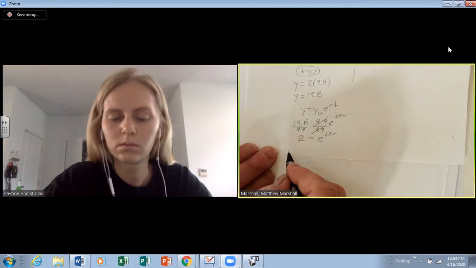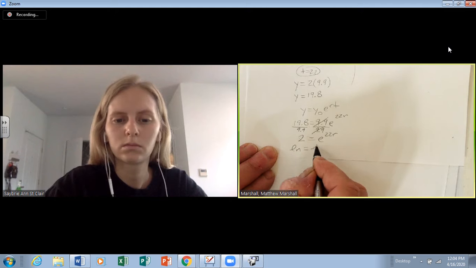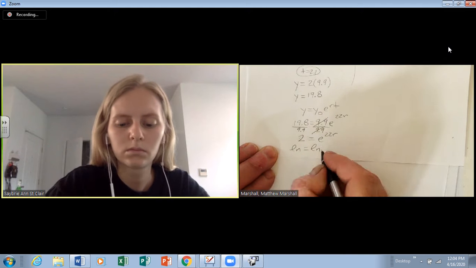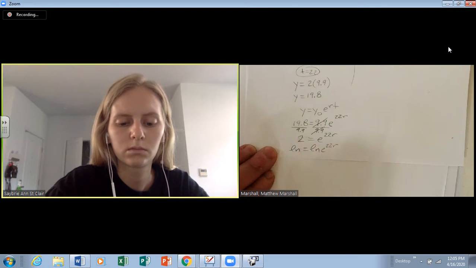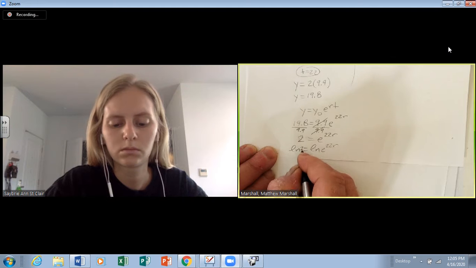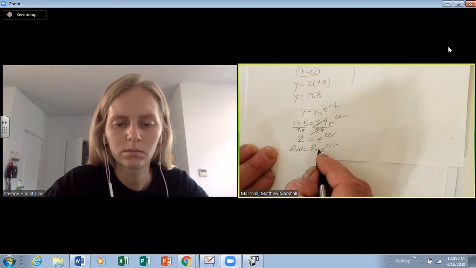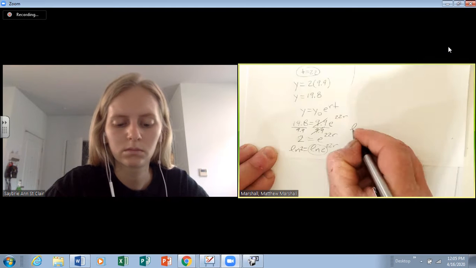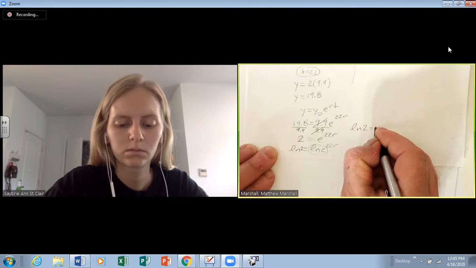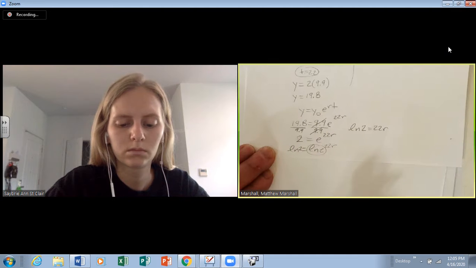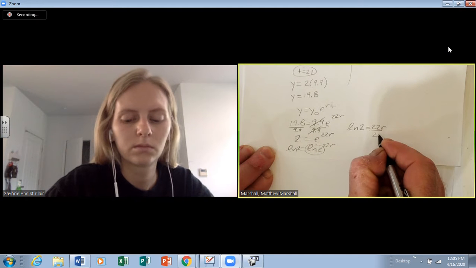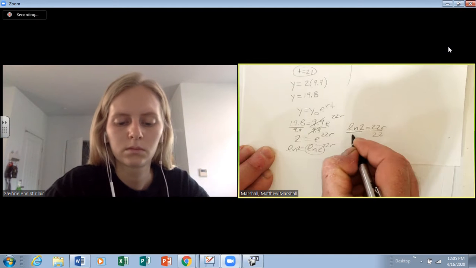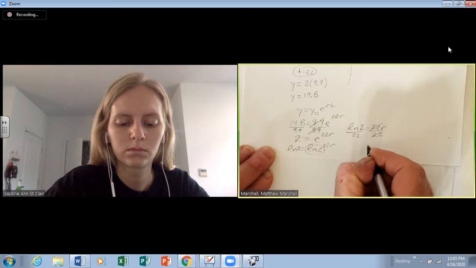Natural log it. Don't forget to put that 2 right there. These cancel away, and I'm left with ln2 equals 22r. Divide by 22, and that gives me what r is.